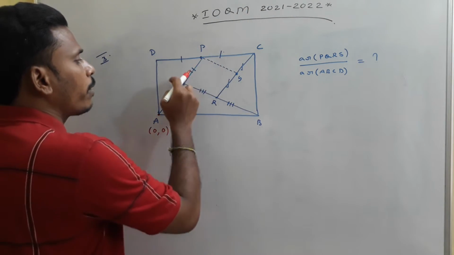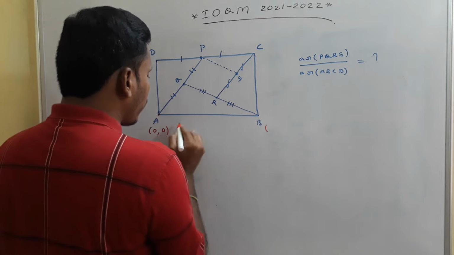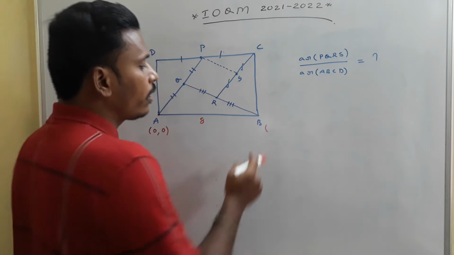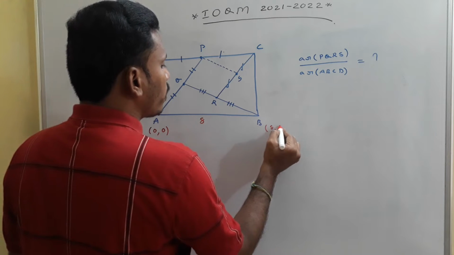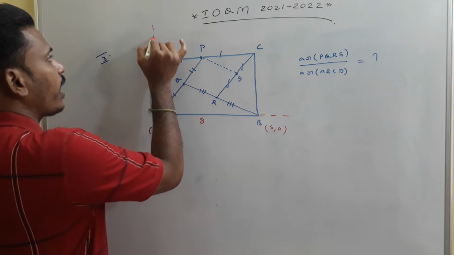Since we are using the midpoint idea repeatedly, four times, I am going to take this length as 8 units. If the length of the rectangle is 8, then this point B is (8,0) because this is the origin. Treat it like the x-axis and take this as the y-axis.